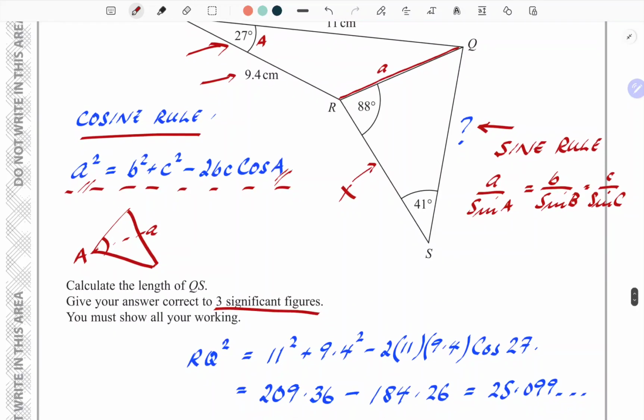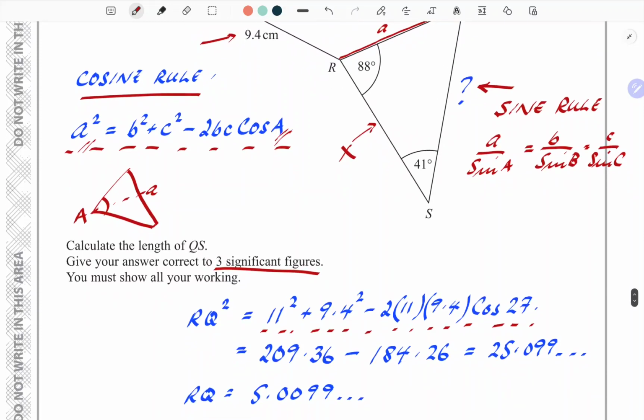Using the formula, RQ squared equals 11 squared plus 9.4 squared minus 2 times 11 times 9.4 times cos 27. So that's effectively cos A. Putting it all in your calculator, we get these numbers. It's always good practice to write out parts of your calculation if you have the time.